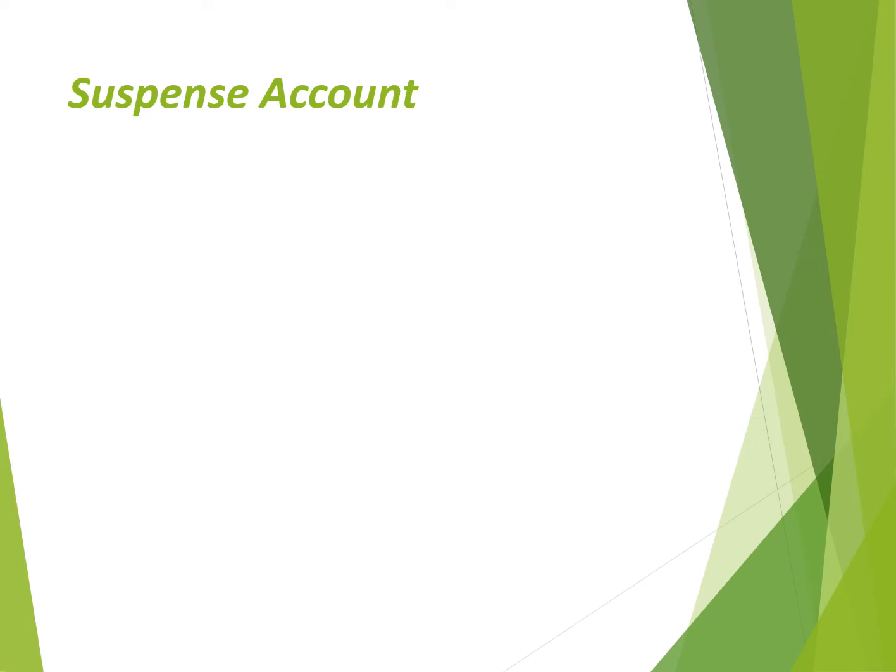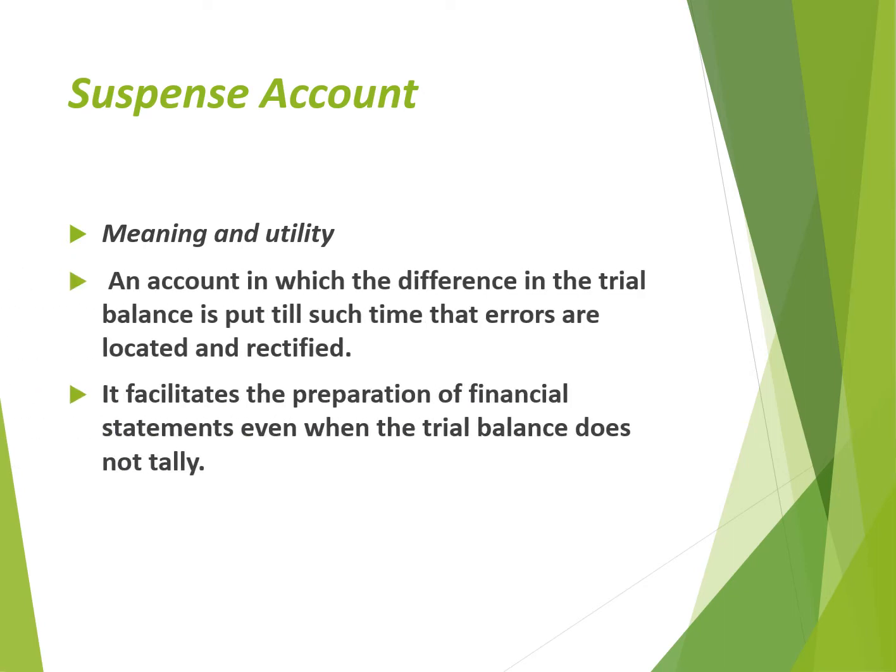Next one is very important, the suspense account. When the two sides of the trial balance do not match, it indicates there is some error. So to handle it, we put the difference in an account. That account is known as the suspense account, used to make the financial statements at the end of the year.